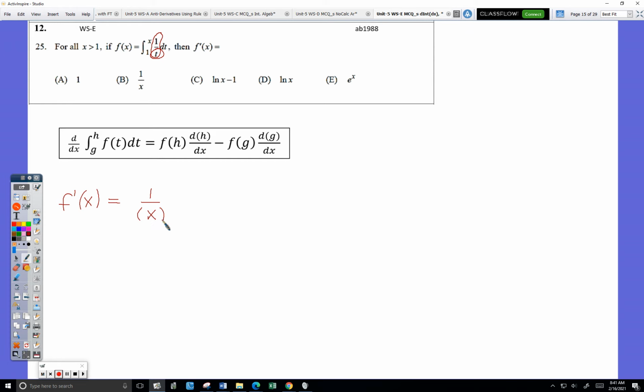Anyone need me to explain that part of the rule here? Then I multiply by d over dx, because the input variable is an x, of the upper limit. I take the derivative of the upper limit and do the exact same thing with the lower limit.